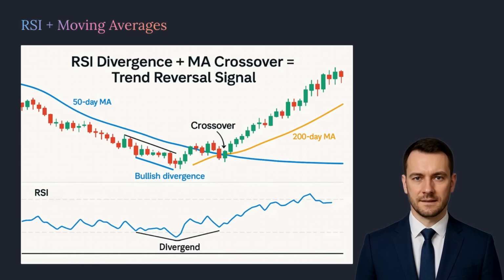For instance, a 50-day above 200-day MA bullish crossover could reinforce that a longer-term trend is turning up, aligning with your RSI divergence signal. Some traders also use an MA as entry trigger, e.g., go long when RSI diverges bullish and price closes back above the 20-day moving average. As confirmation, the short-term trend turned up. The MA acts as a secondary check on price momentum.